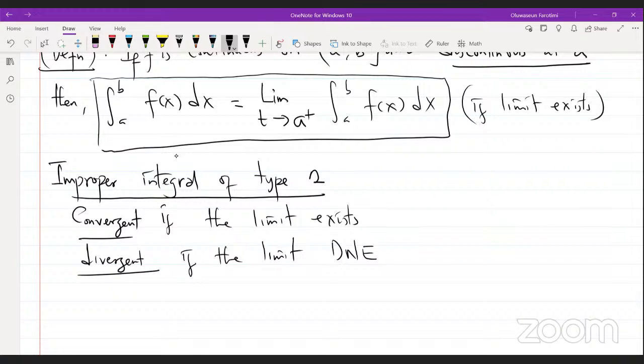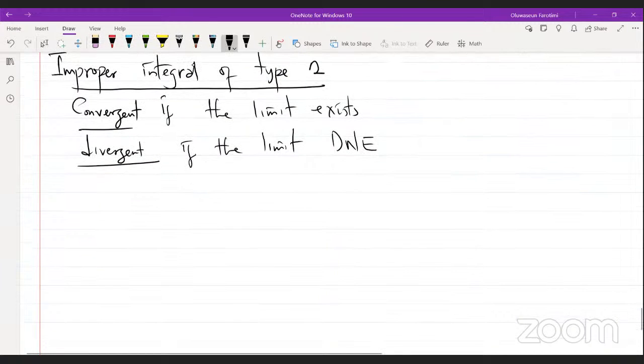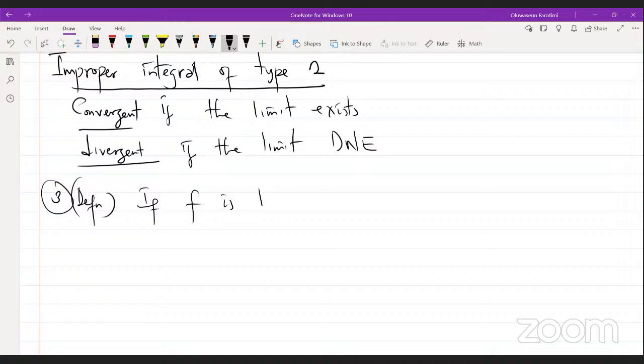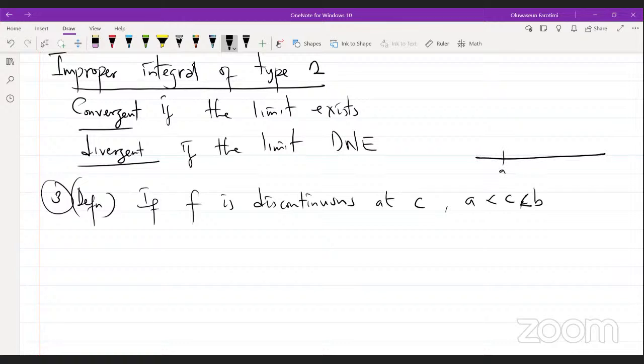I'll give you guys a third definition and then we'll look at some examples. Definition 3. Now, what happens if f is discontinuous at a so-called point c, and that c lies between a and b? So take an example, guys. You have a here, you have b, and your c is lying here. And that's the point of discontinuity.